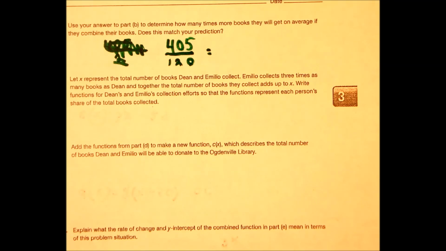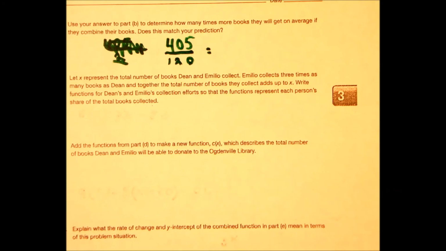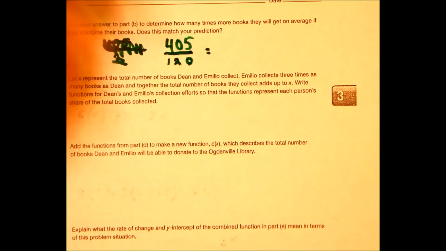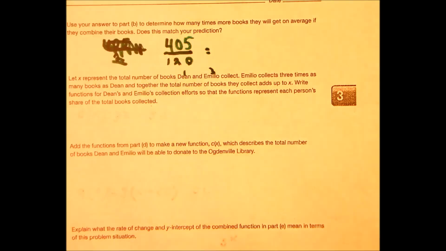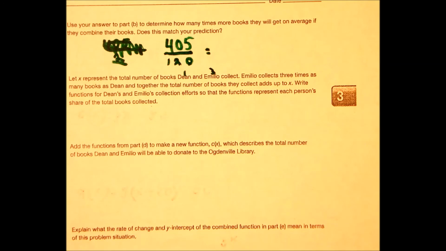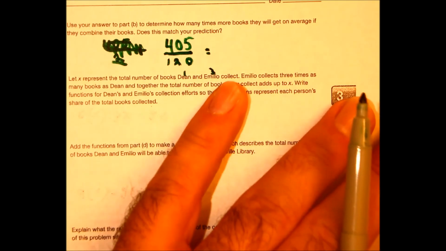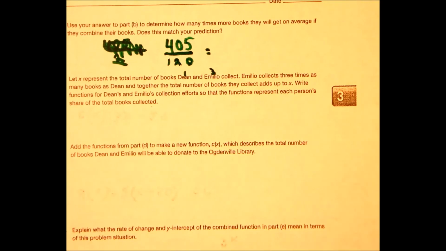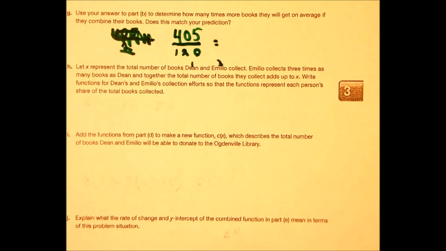Okay, so Dean collects one amount, and Emilio collects 3 times that amount. So when you add them together, you actually end up with 4, right? Because Dean's amount and 3 times that amount for Emilio make 4 different amounts.